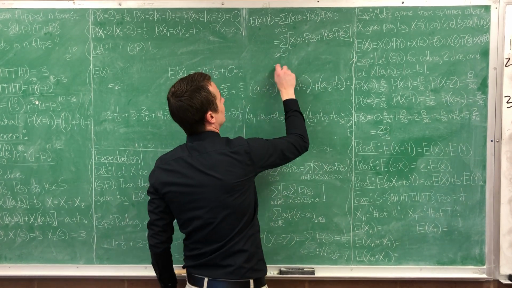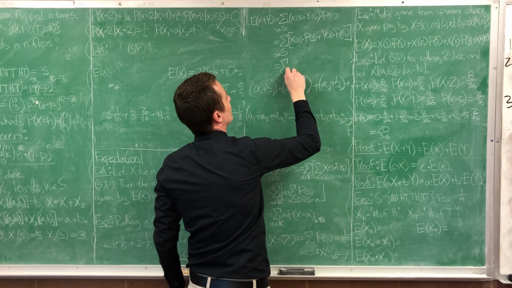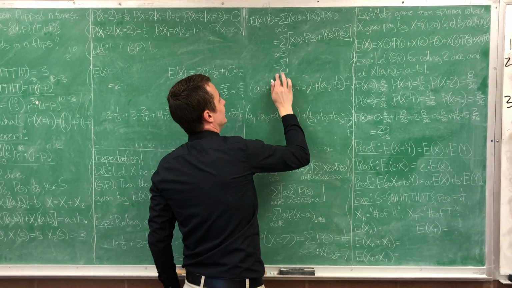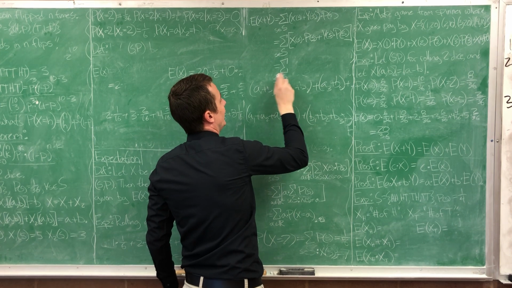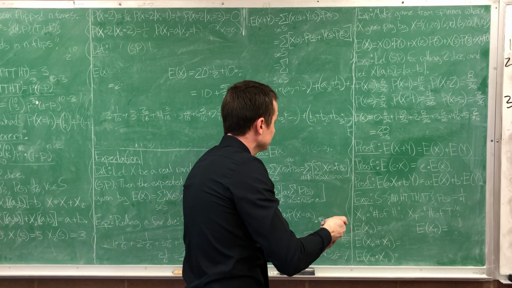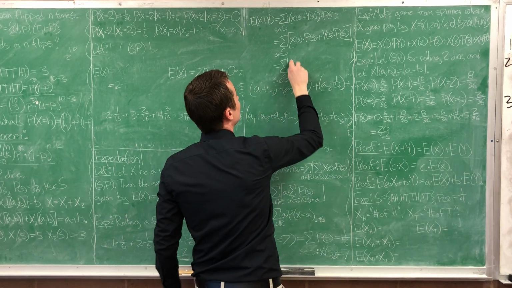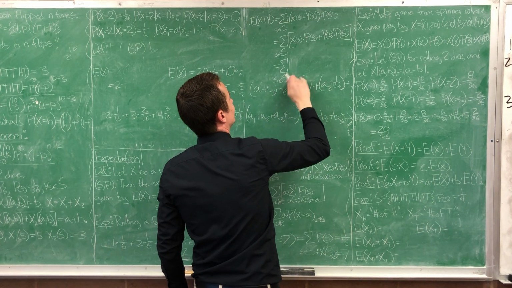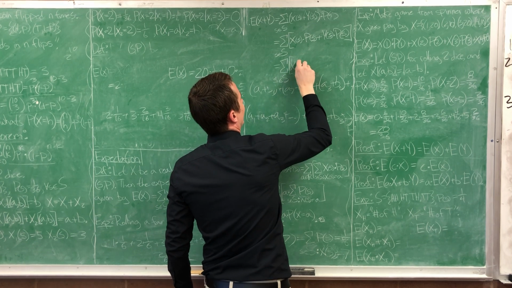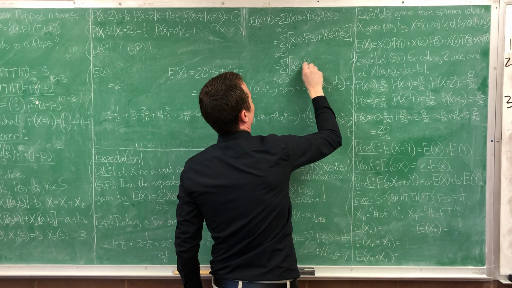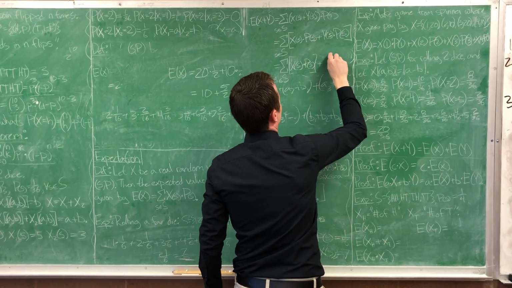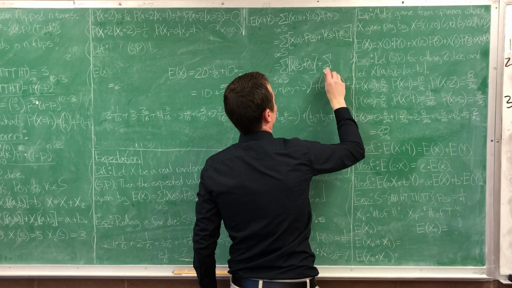So this is equal to the sum for every little s in big S of, put square brackets here to mark our sum, x of s times p of s. So that's one sum. And now I'm going to add that with the second sum, which gives me all my y terms.